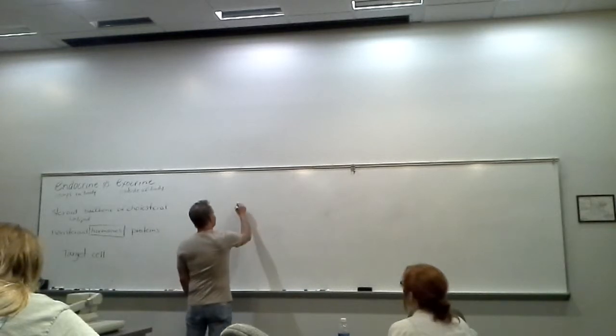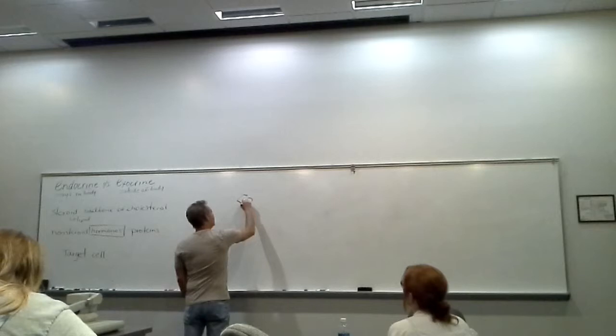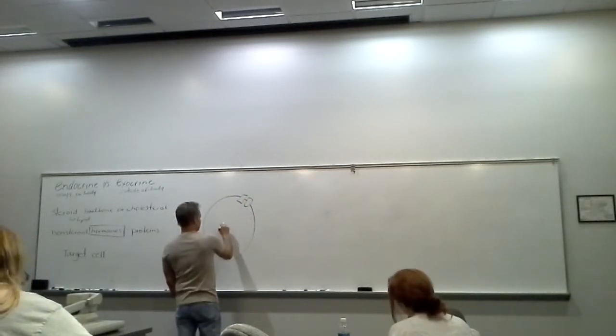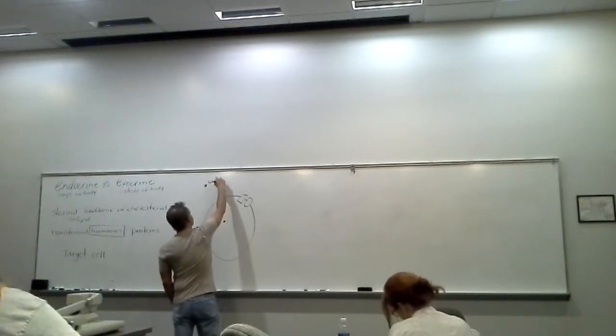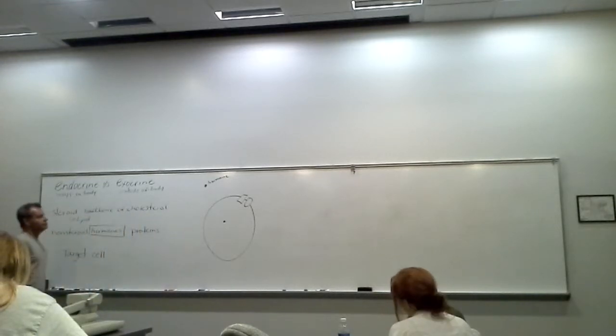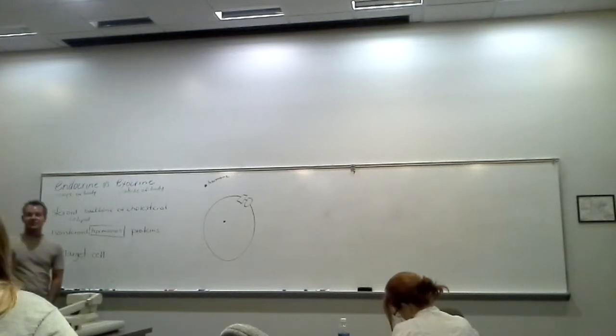Alright, so here's a target cell for a particular hormone. Here's my hormone. This is my signaling molecule. This hormone has a message that it needs to relay to that cell.